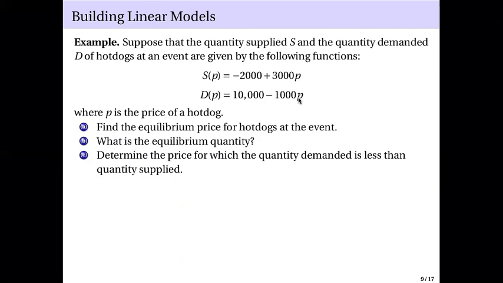Because again, if you increase the price, the tendency of the consumers is not to buy because the price is high. So these two equations are consistent with the law of supply and law of demand.